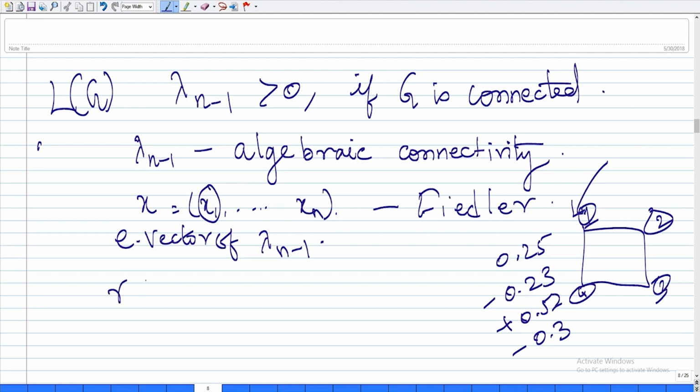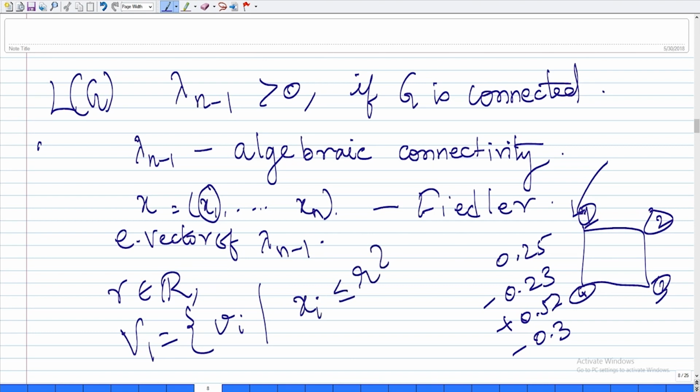So if r is any real number, let us look at the partition of the vertices such that vi has the corresponding xi less than or equal to r, and the vi such that xi is greater than or equal to r. Either way it does not matter.